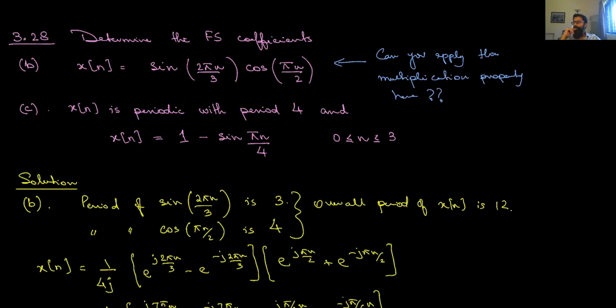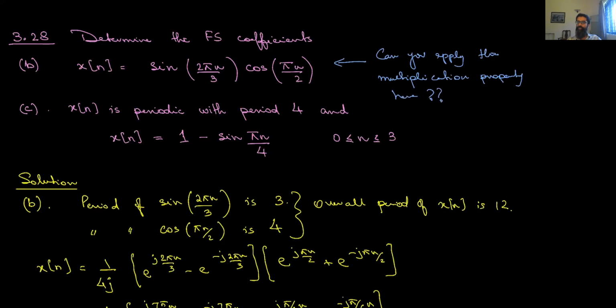However, I would tend to disagree, and the reason is that this one's fundamental period is 3, and this one's fundamental period is 4, but 12 is a period for both of these. So 12 is a period of this one and of this one. So why don't I determine the Fourier series coefficients of this with respect to a period of 12, and the Fourier series coefficients of this with respect to a period of 12, and then I can use the multiplication property.